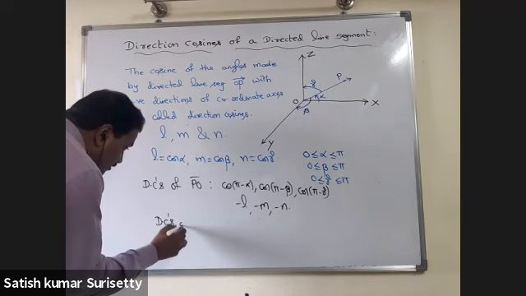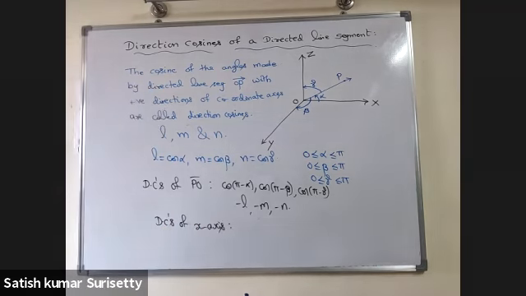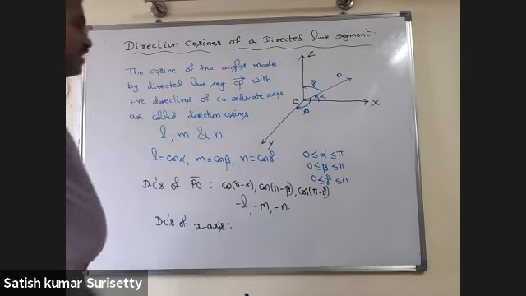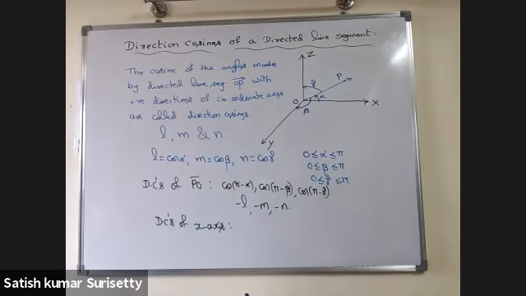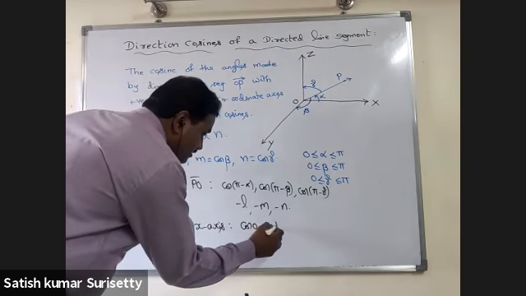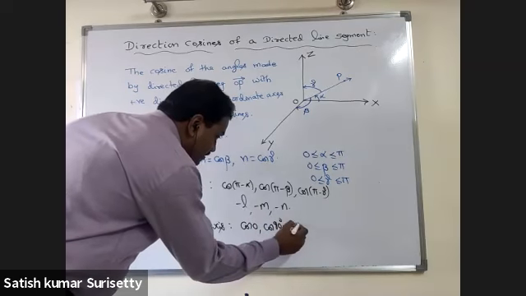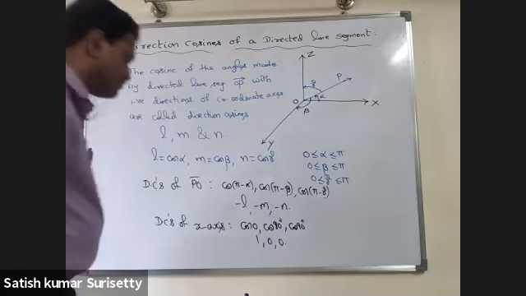What about direction cosines of x-axis? What are the angles made by x-axis with x-axis, with y-axis, with z-axis? With x-axis it is 0, x-axis to y-axis 90, x-axis to z-axis 90. That means cos 0, cos 90, cos 90, that means 1, 0, 0.